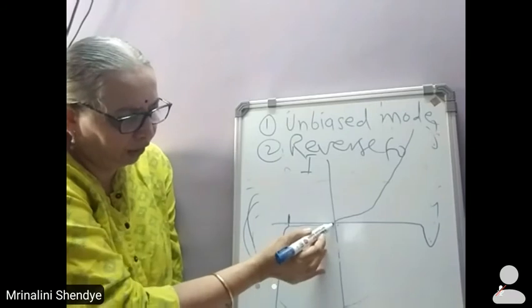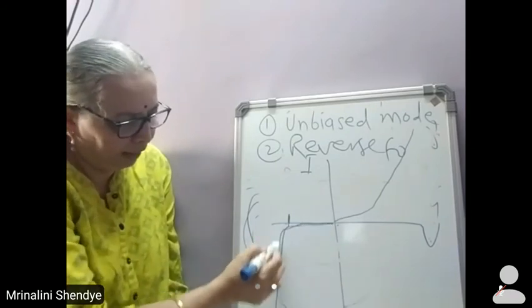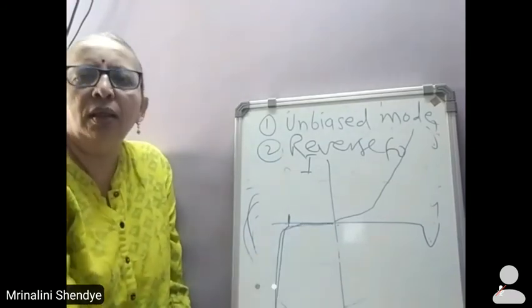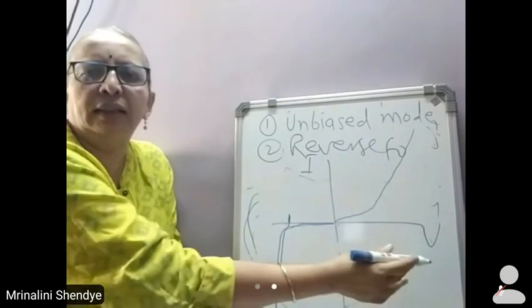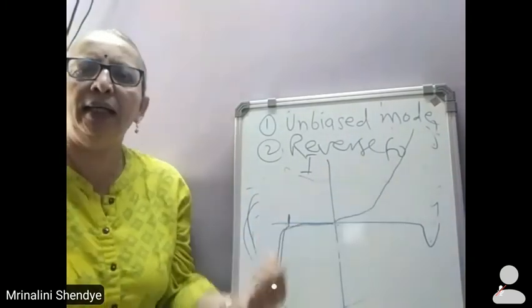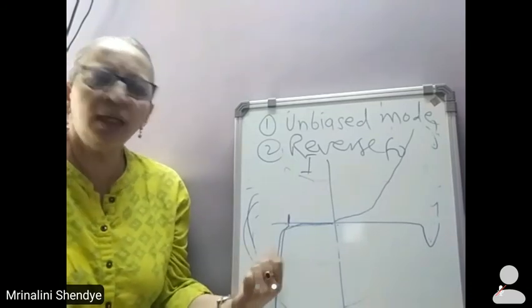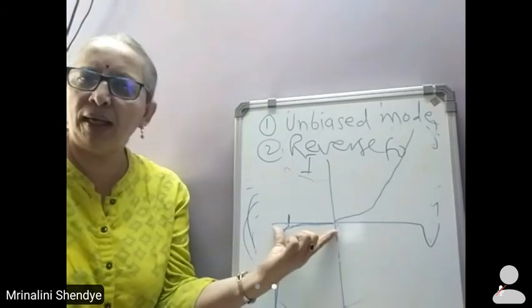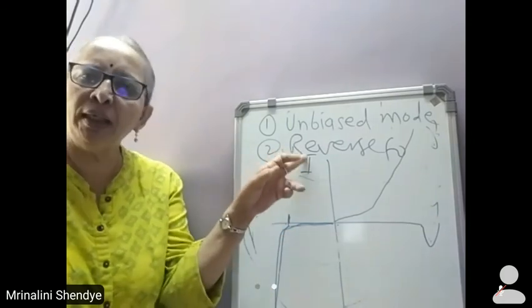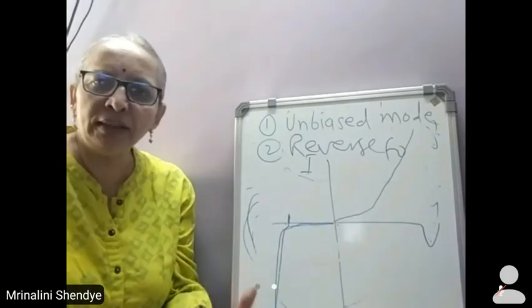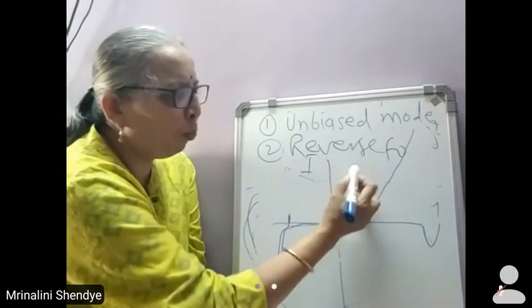This is the reverse bias current and this is the breakdown current. These are called the IV characteristics in forward bias and in reverse bias. So in reverse bias there is almost no current, and when used in reverse bias mode, the PN junction behaves as an open switch.